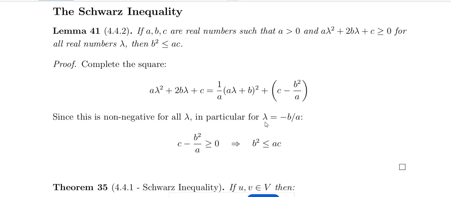If you take any three real numbers A, B, C such that A is greater than 0 and A lambda square plus 2B lambda plus C is greater than or equal to 0 for all real numbers lambda, then B square is less than or equal to AC. That is, the quadratic in lambda should be greater than or equal to 0 for all real numbers lambda, then B square is less than or equal to AC.